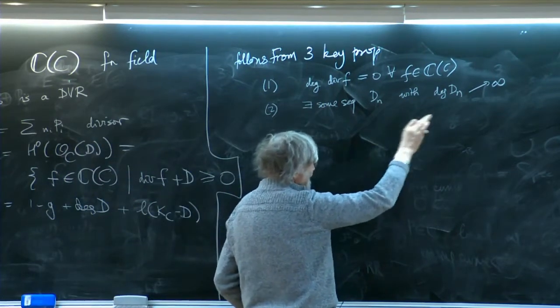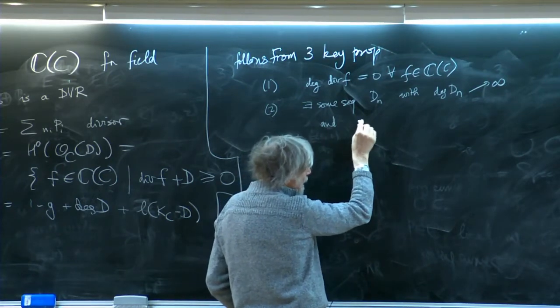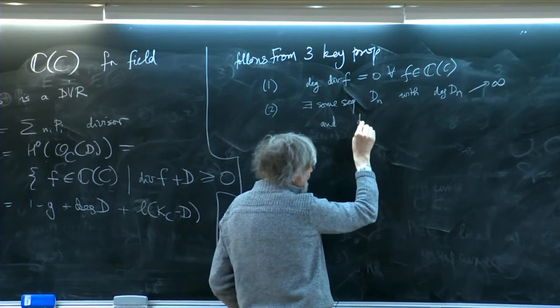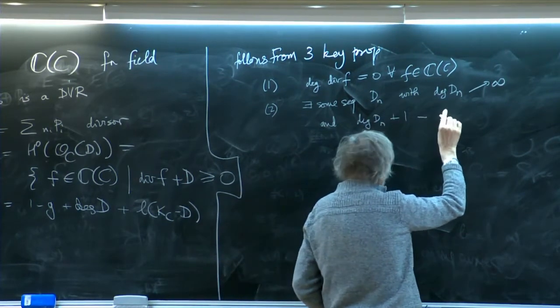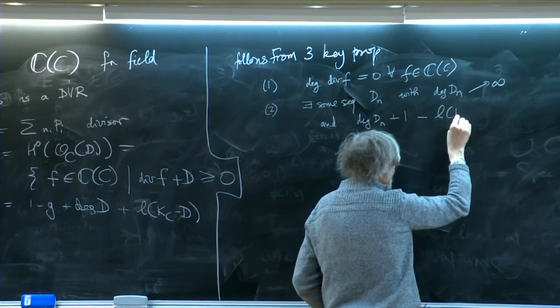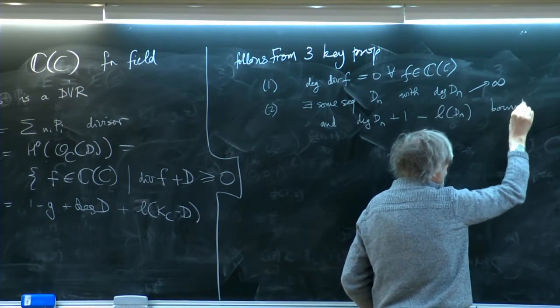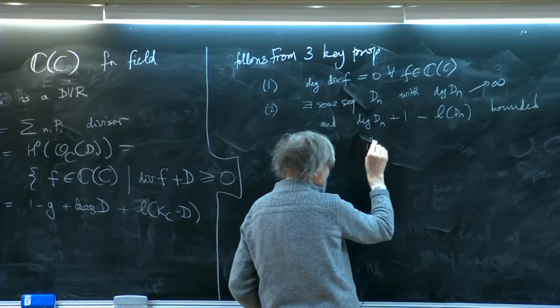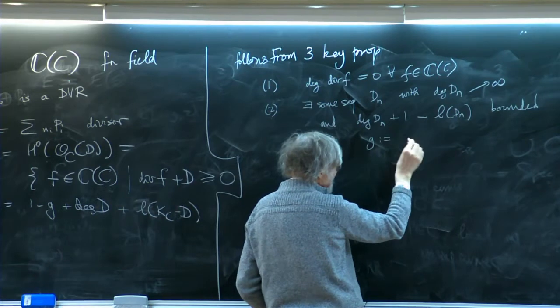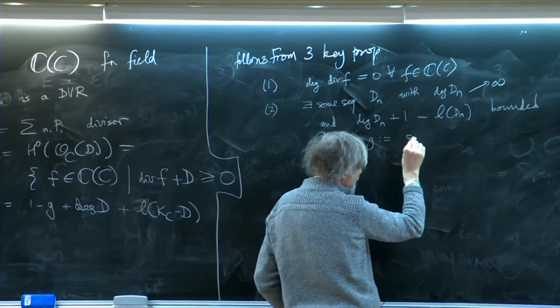They could be anything they like, and degree D_n plus 1 minus L(D_n) is always bounded. Right? So the genus of the curve is defined to be the smallest bound.